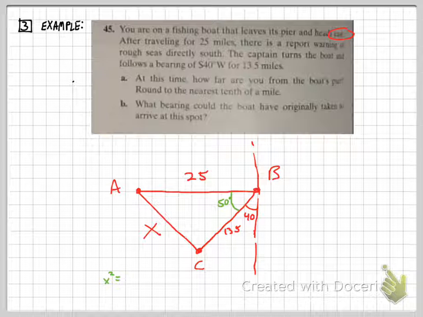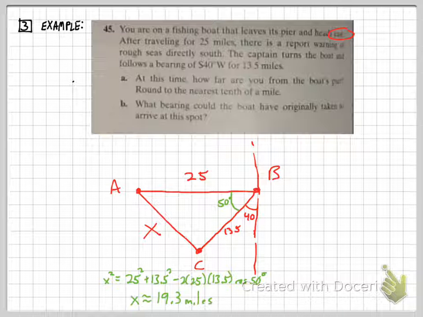So x squared is going to be 25 squared plus 13.5 squared minus 2 times 25 times 13.5 times the cosine of angle 50. Put all that together, you get an x of about 19.3. Once again, we're in miles.